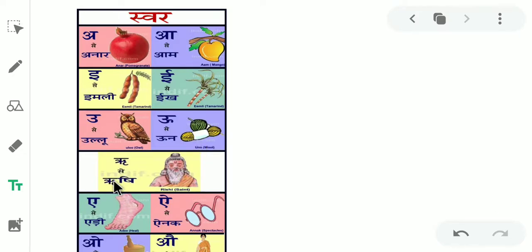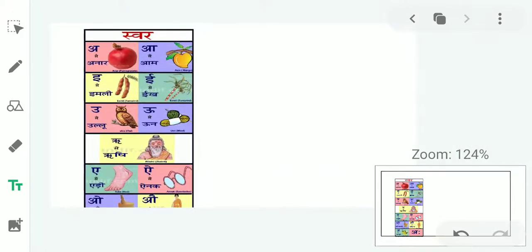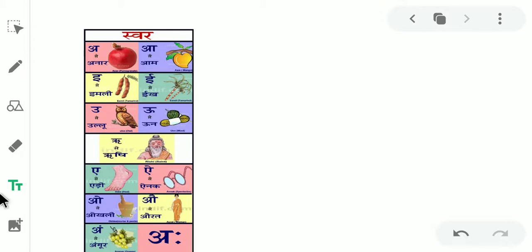Ri means rishi. Rishi you can say saint. A stands here. Ai means anchor. I means ainak, or you can say goggles.